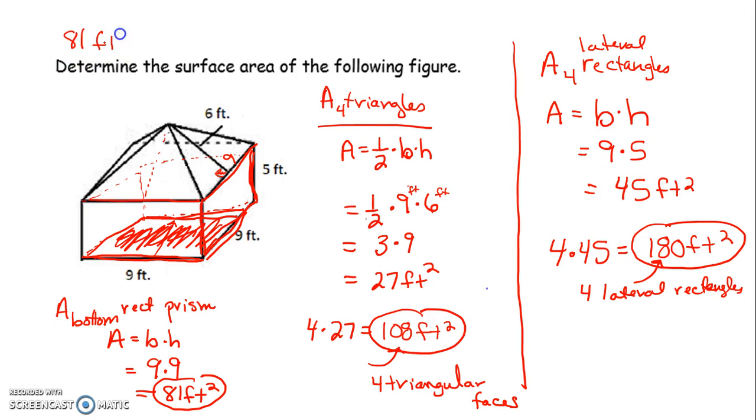81 feet squared plus 108 feet squared plus 180 feet squared equals, sorry about that, my bad.